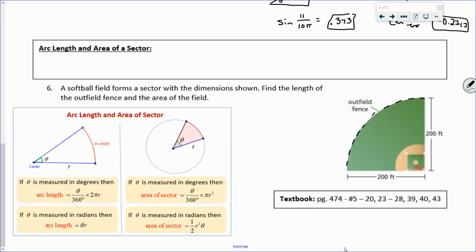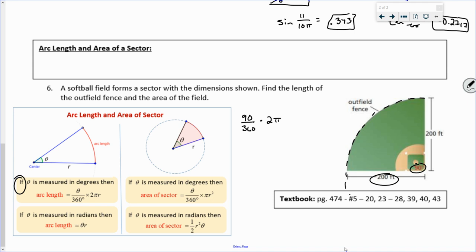Because we're given 90 degrees, let's go ahead and work with the degree portion of our arc length. So let's work with this one. So 90 over 360 times 2 pi radius of 200 foot.